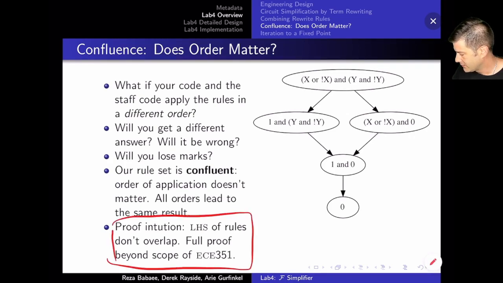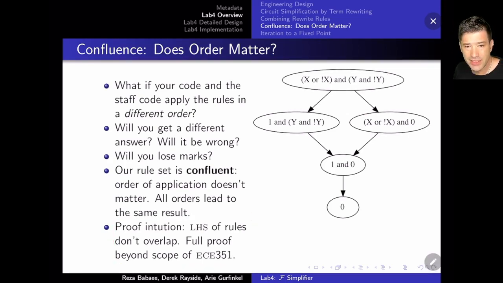If you look at your rules and you see that every time you apply a rule, the left-hand sides, whatever they apply to, are all different, then the order shouldn't matter. So if you apply it on one subtree, you don't affect any other subtree. The only time things would make a difference is when you have, say, multiple rules that can apply on the same or overlapping left-hand side. So maybe when you apply one rule, all of a sudden you disable another rule, and that gets into a problem.